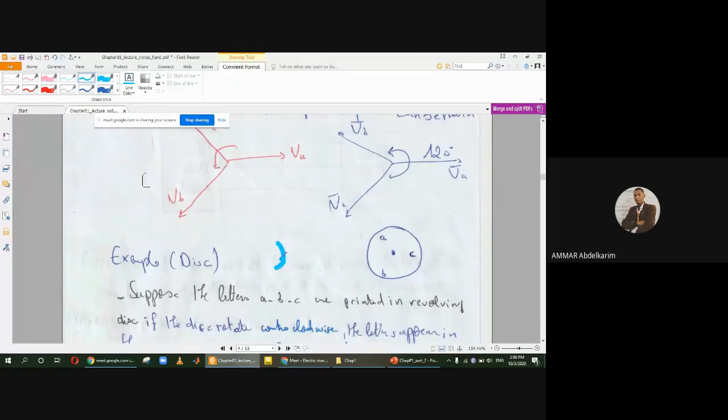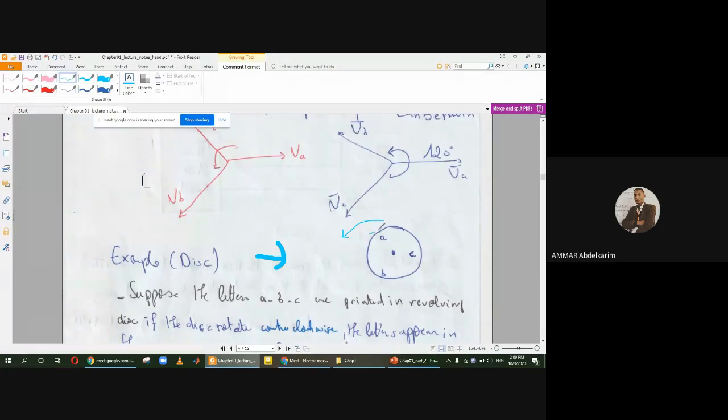If we rotate the disk in this direction, counterclockwise, we are going to see A, then C, then B, which is, for example, the second phase sequence.